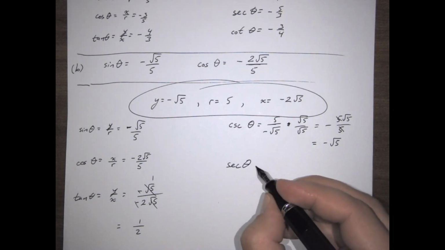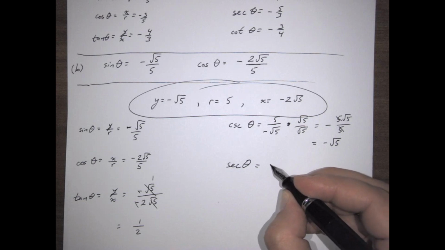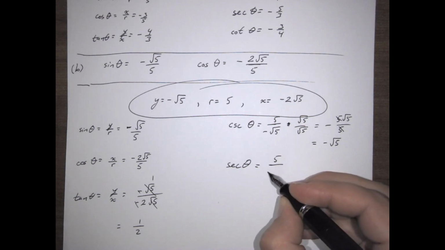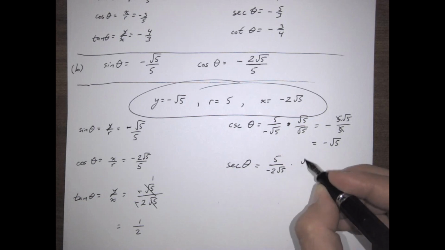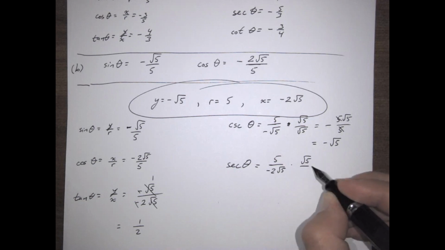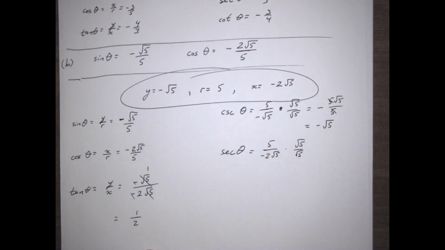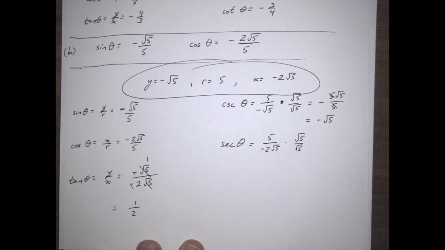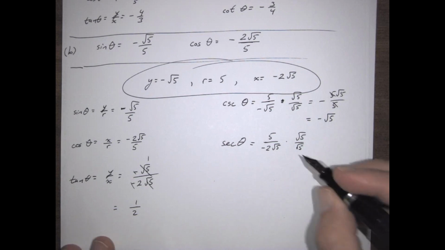Secant theta will be 5 over negative 2 root 5, which again, we will automatically start rationalizing the denominator here. And when you're rationalizing the denominator, you don't have to worry about any factors that are not currently irrational. So we just multiply the top and bottom by the root 5.